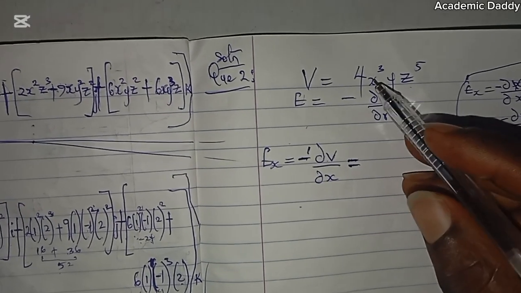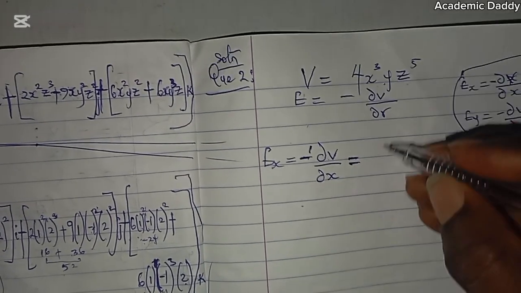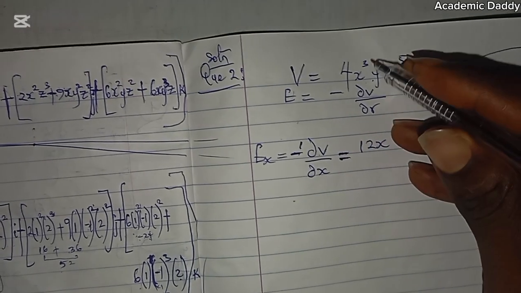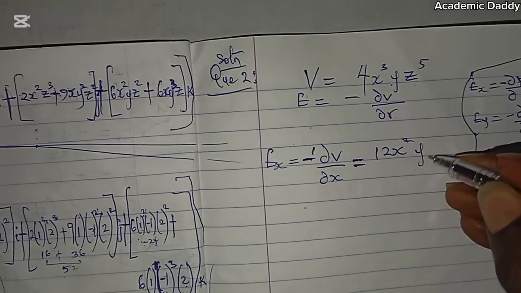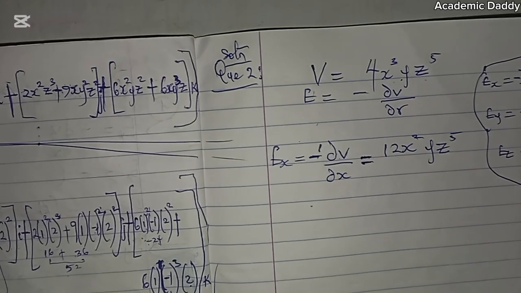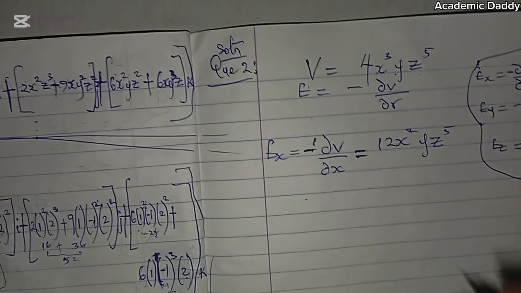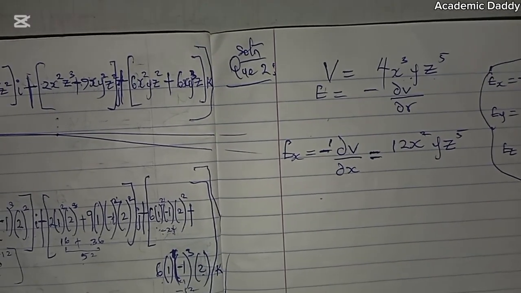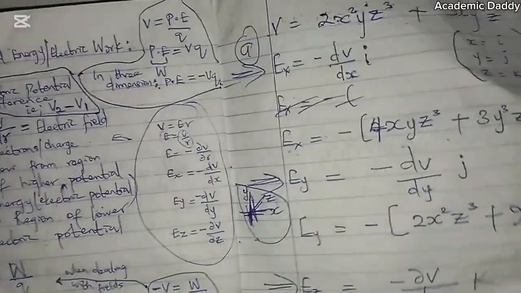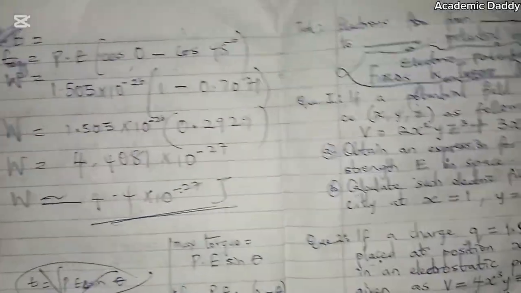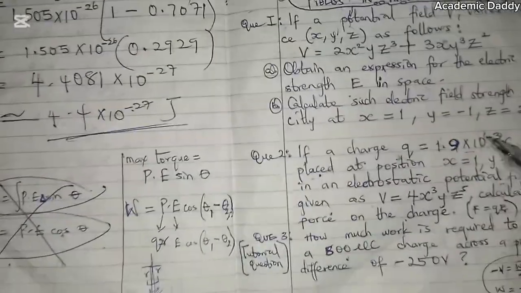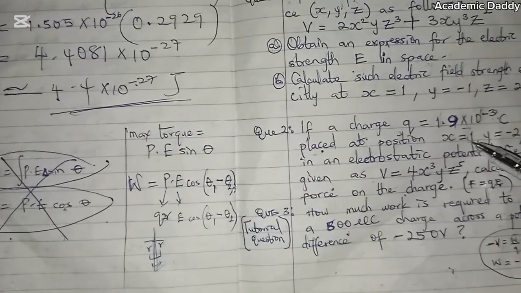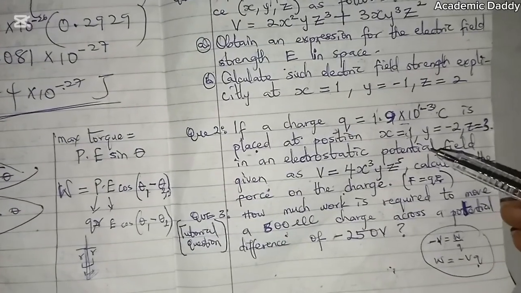So now, if I differentiate this, I will have 3 times this, it will be 12x, 3 minus 1, 2, y, z, 5. You are like, how did he do this? Go and watch a calculus video. I've differentiated this, but I'll be doing it at the same time so that I don't waste my time. They said that x is 1 in the question, at position x equals 1.